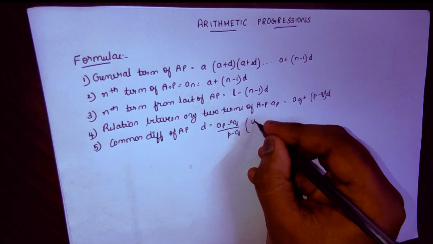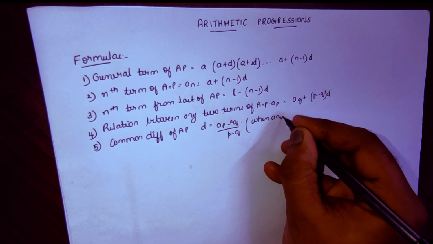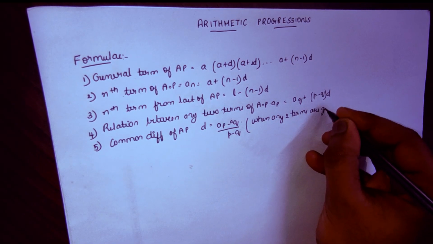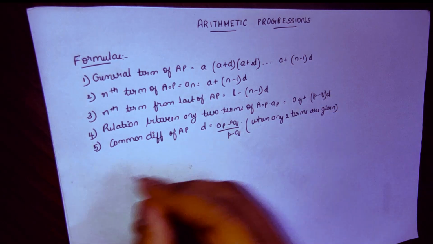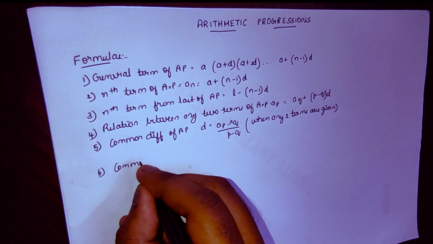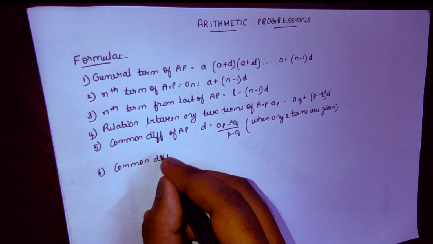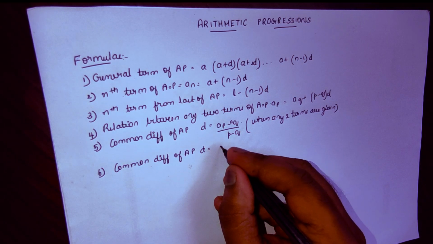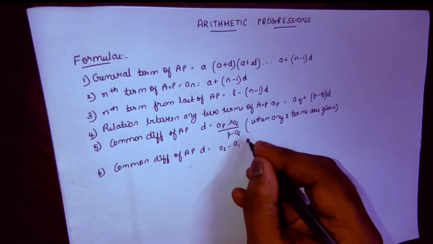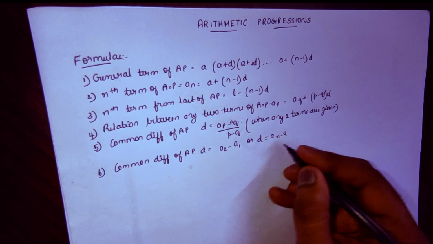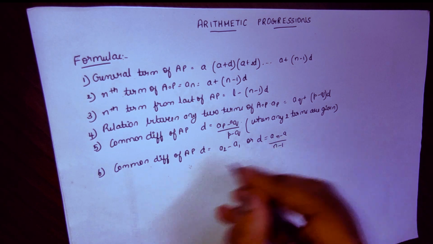This formula you can apply when any two terms are given. One more formula for common difference: d is equal to a2 minus a1, or d is equal to (an minus a) divided by n minus 1.